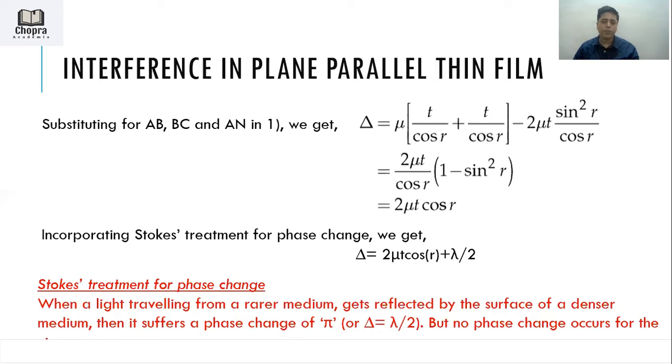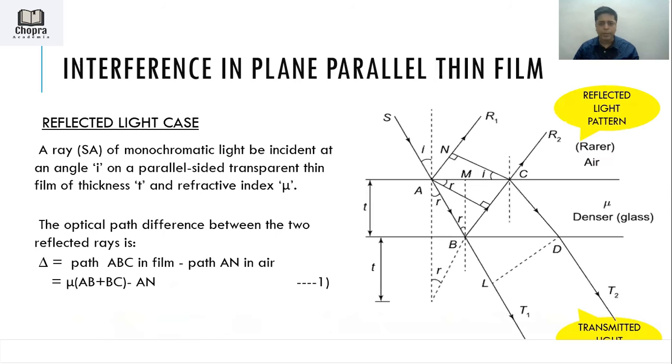Now see here, the beam SA gets reflected from the top surface and goes as beam AR1, and the bottom beam, which is reflecting at the point B, is coming out of the surface at point C and is the beam CR2.